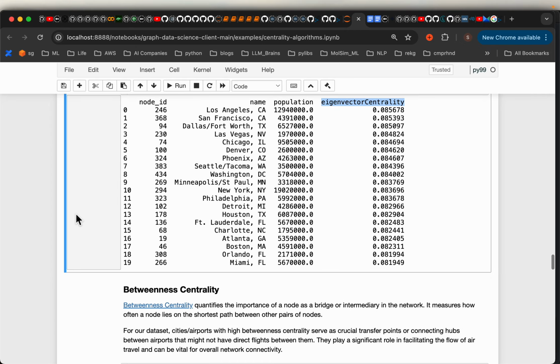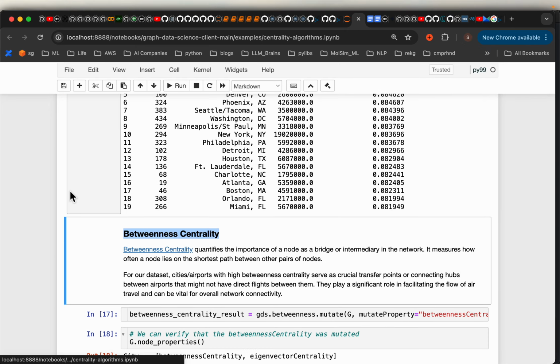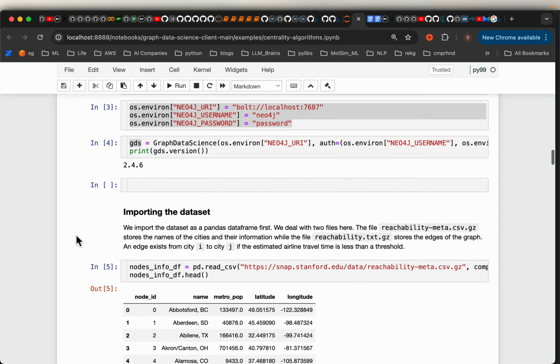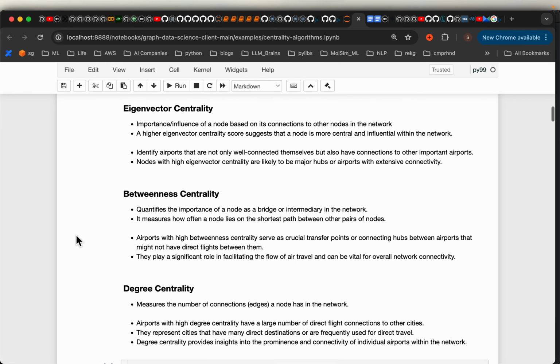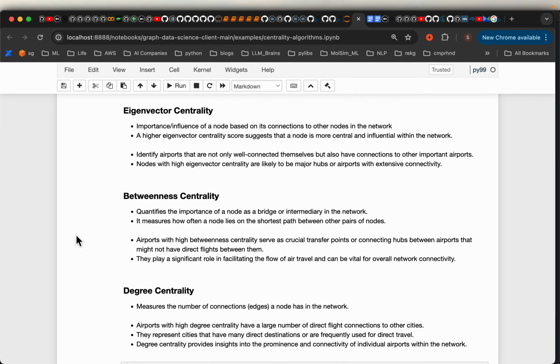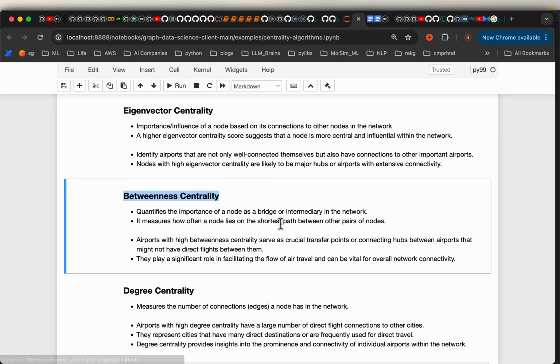Okay, now let's look at betweenness centrality. Now, as I mentioned, these three metrics sound similar, but there are subtle nuances. Betweenness centrality measures how important a node is as a connecting hub or transfer point within our network, right? As we saw, there are many cities which do not have direct flights.